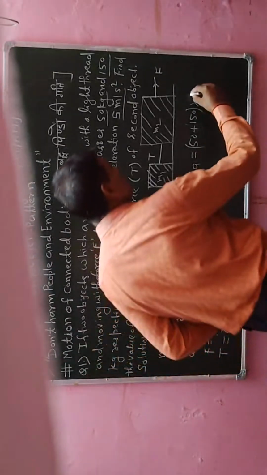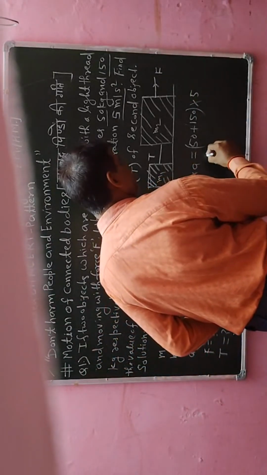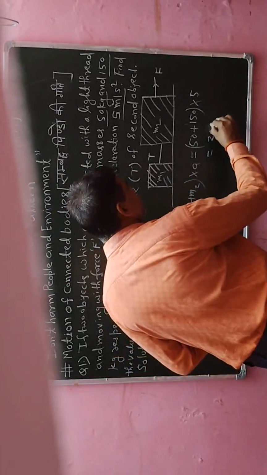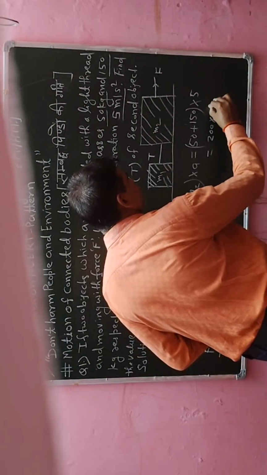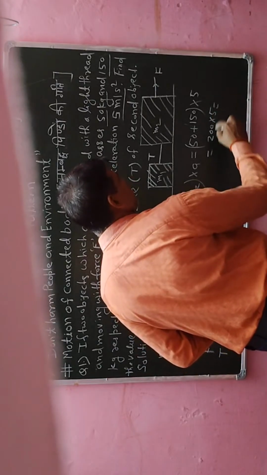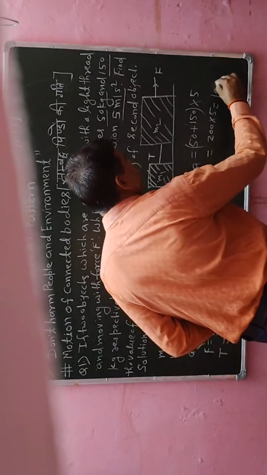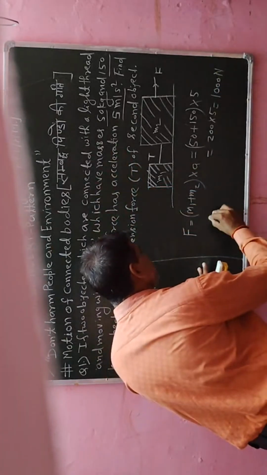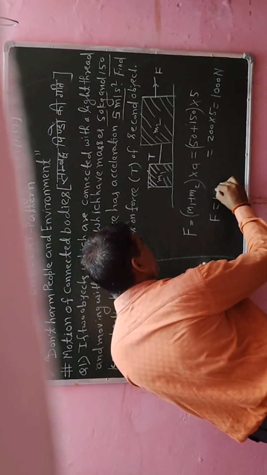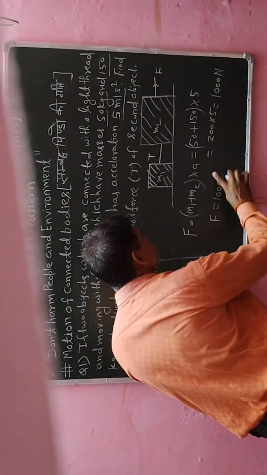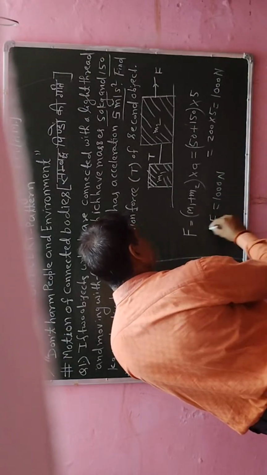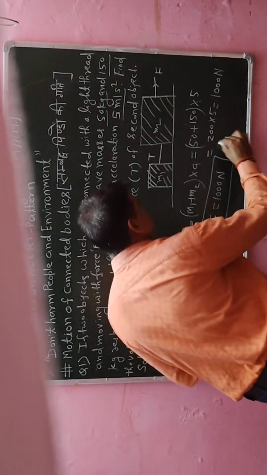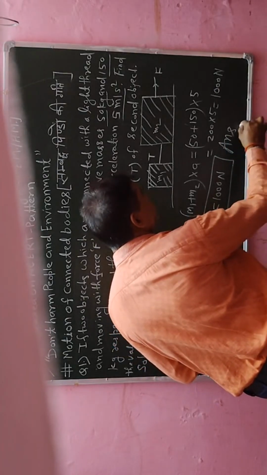After adding 150 plus 50, that will be 200, into 5, which is 1000. It means 1000 Newton. So here I have got the value of F as 1000 Newton. This is one requirement of the question.